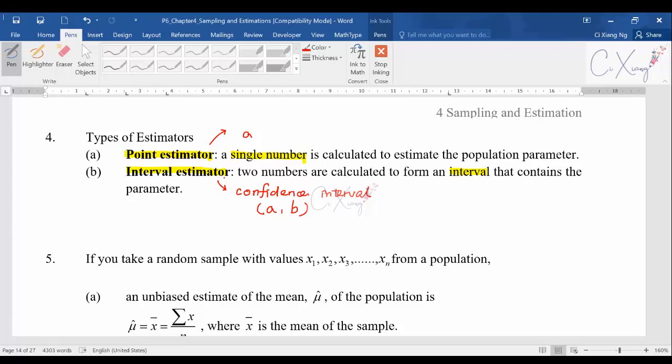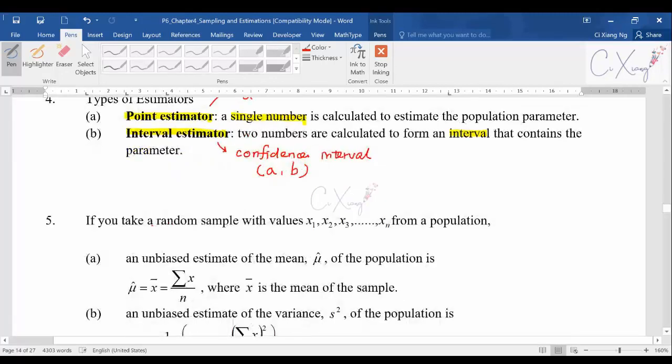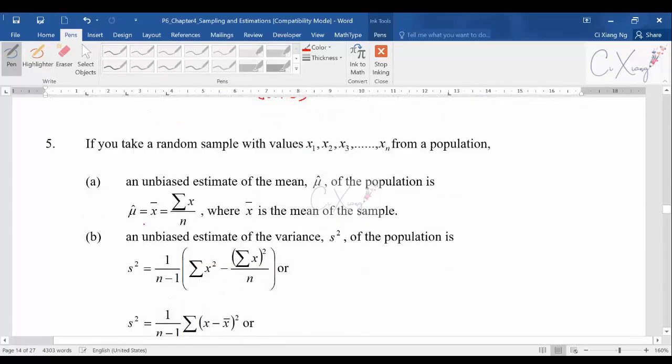Without the experiments, I cannot show you how you are going to get the formulas. So for now we learn how to apply it. In the future, at a higher level, maybe you will learn the process of deriving the formula for the unbiased estimation.